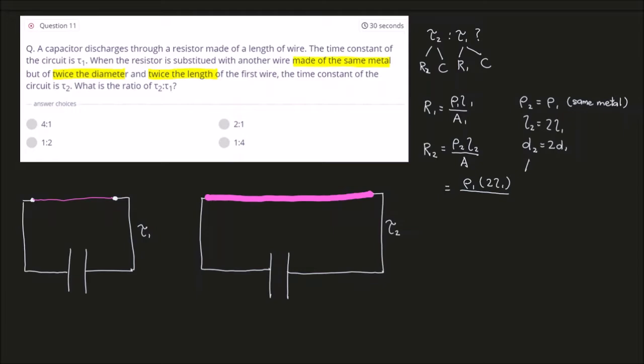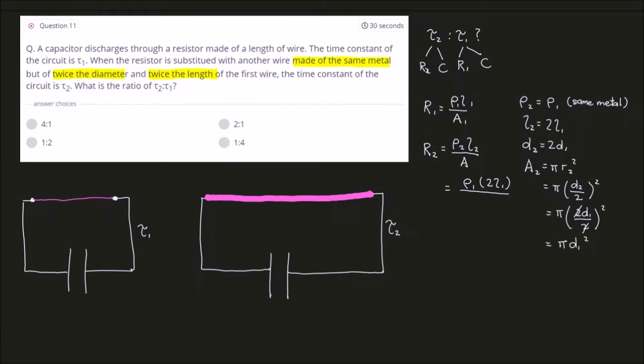We also know that area 2 is equal to pi r2 squared. That means it's pi (d2 over 2) squared. Okay, so that means by our situation here will be pi (2 d1 over 2) squared. So the 2 you can just cross out, so it becomes pi d1 squared.